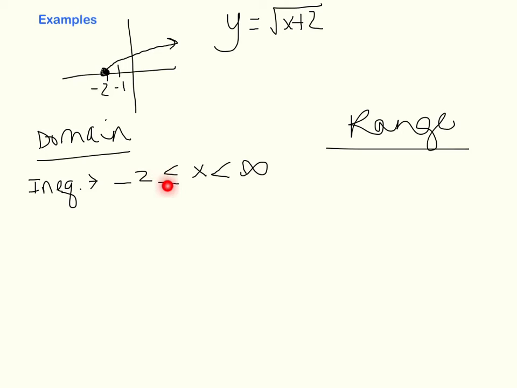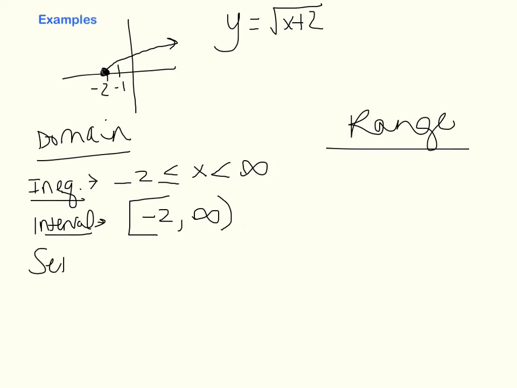It includes the -2, you don't equal infinity. Now with interval, we have -2 to infinity. Remember, you never equal infinity, but we are equaling that -2. So if you have an equal to inequality symbol, you should have a bracket. If you don't have an equal to, you should have a parenthesis.